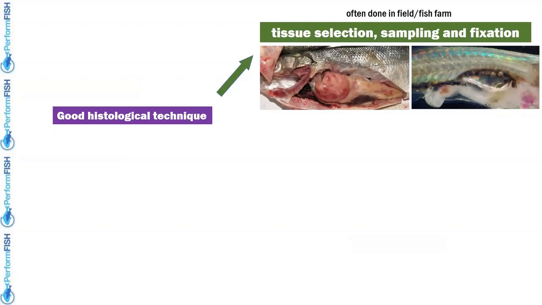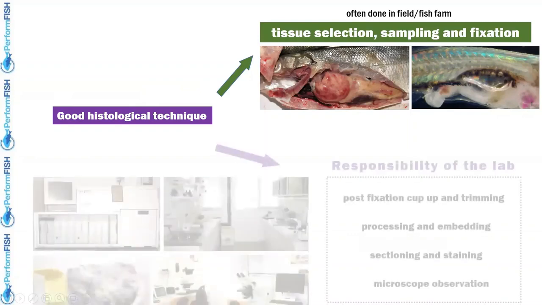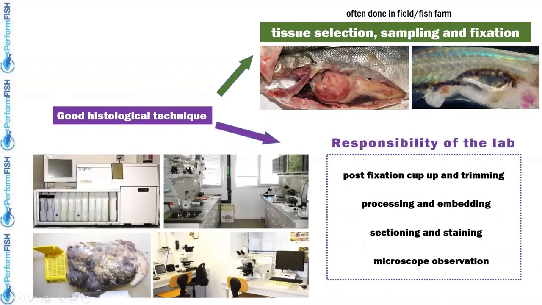So this operator should be prepared, because the quality of their work will invariably be reflected in the obtainable results. For the other steps, the responsibility is generally devolved to a lab. Of course, they are equally important to the outcome.